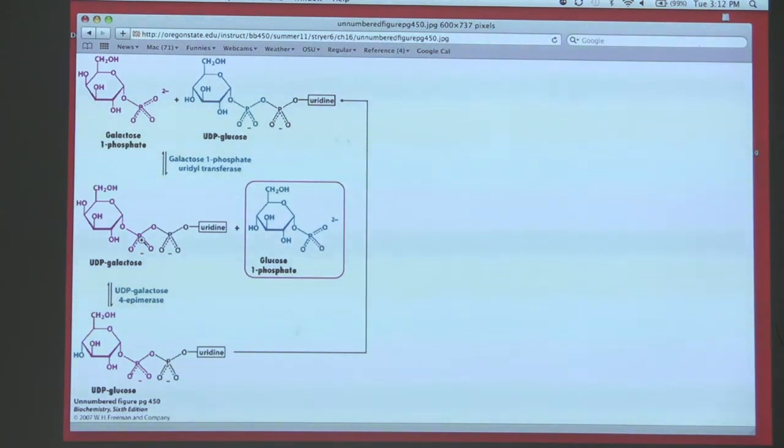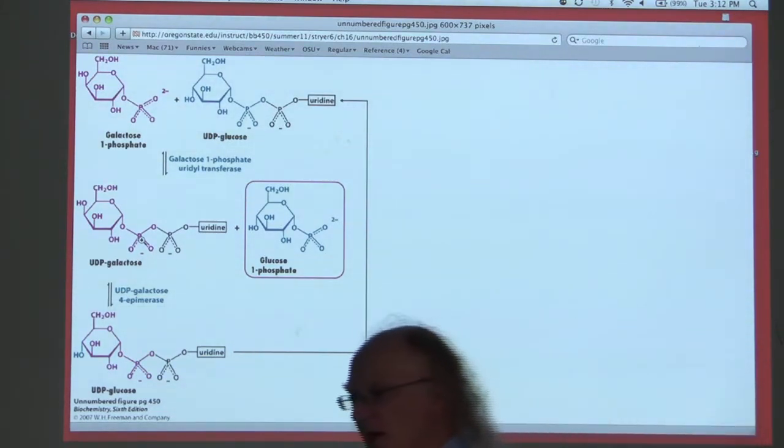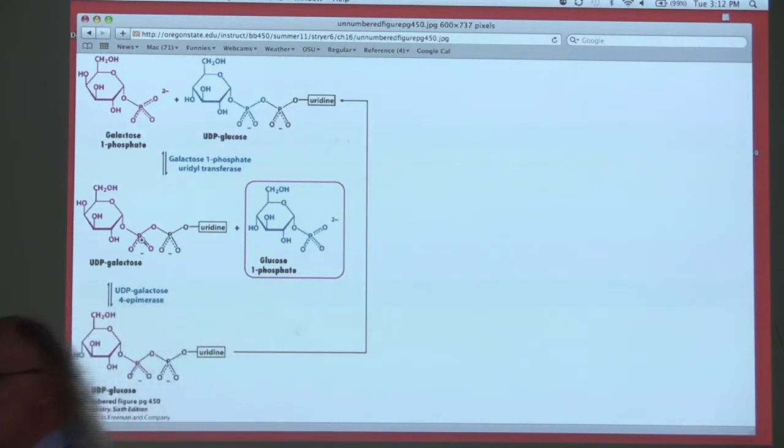UDP galactose can then be epimerized. Now, I briefly mentioned the word epimer to you before. Epimers are sugars that differ in the configuration of only one carbon. And that describes glucose and galactose. The only carbon at which they differ in structure or in configuration is carbon number 4. It's this guy right here. So what this epimerase is doing is it's converting UDP galactose into UDP glucose. It's converting the galactose into glucose. All right?